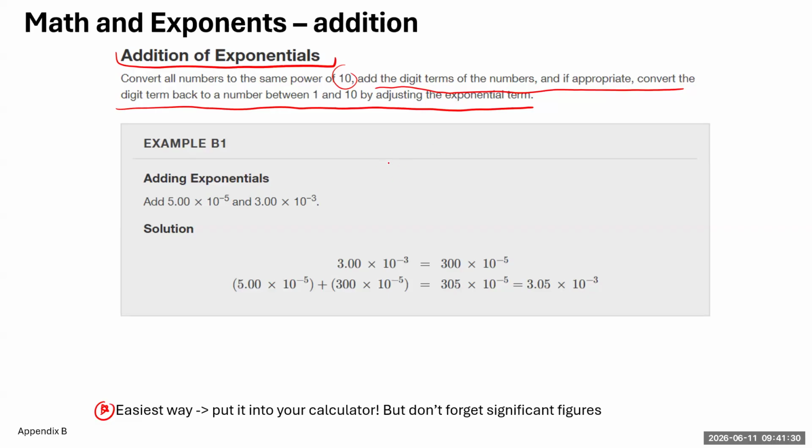I like to add these on top of each other. So we're going to add 5.00 times 10 to the negative fifth and 3.00 times 10 to the negative third.